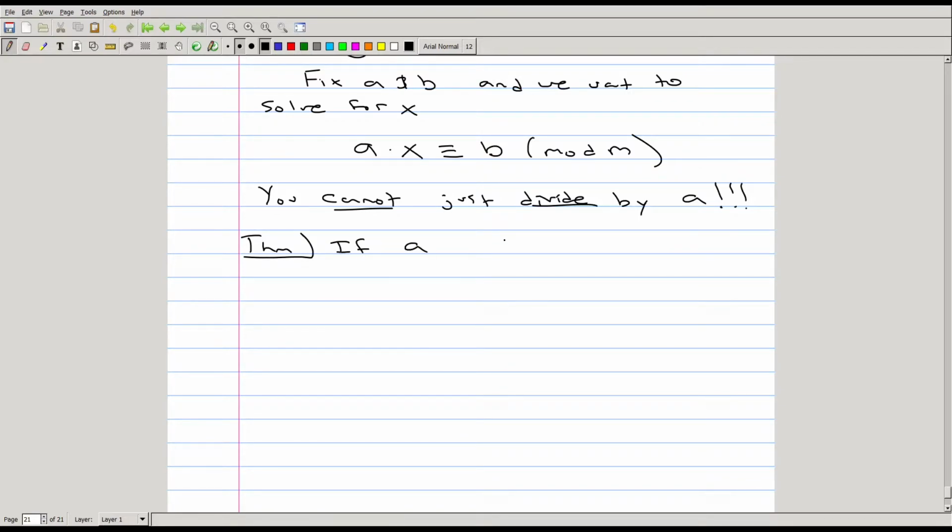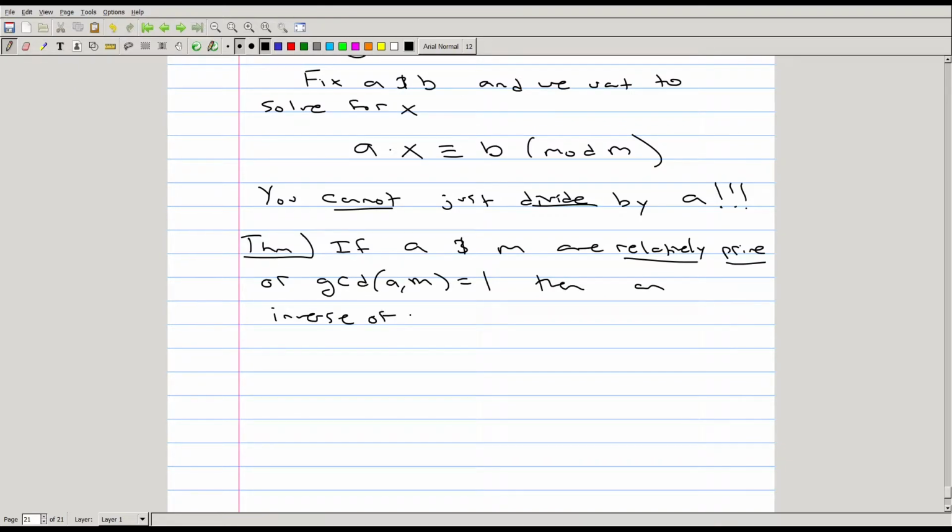So if A and M are relatively prime, or the greatest common divisor of A and M is equal to 1, then an inverse of A modulo M exists and is unique.